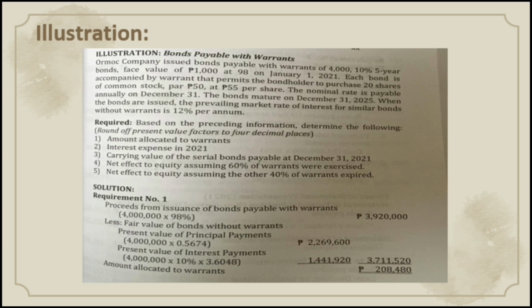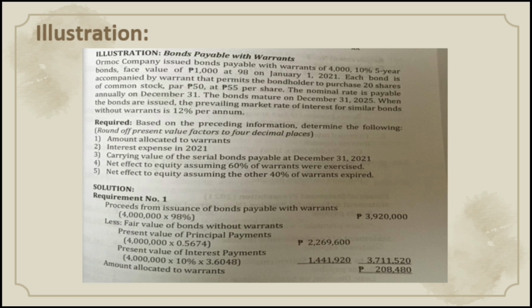Di ba ang sa formula nga atong nakita ganina, para makuha ang value assigned to warrants, ang total proceeds is atong i-minus sa fair value of bonds without warrants. So ang 3,920,000 is atong i-minus sa sum sa present value of principal payments and sa present value of interest payments.